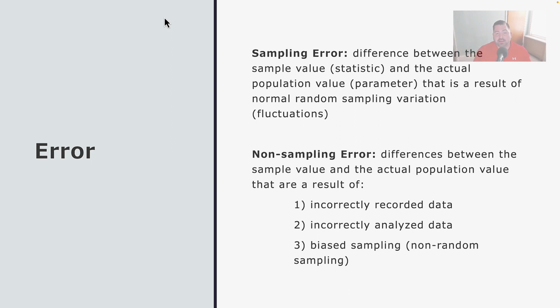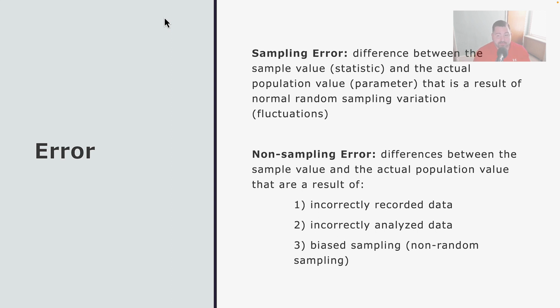Sampling error merely states that the sample of people that I recruit randomly from the population may not be the perfect representation of the population of people that I'm trying to infer about in my study.